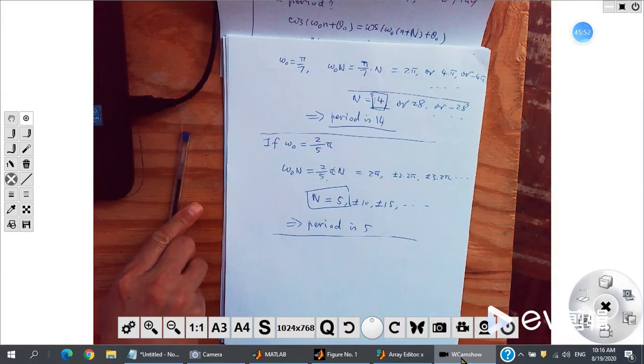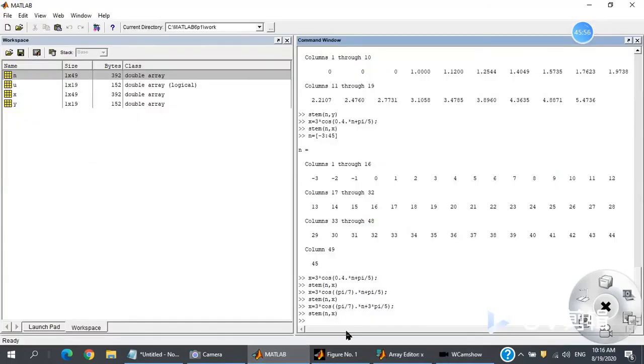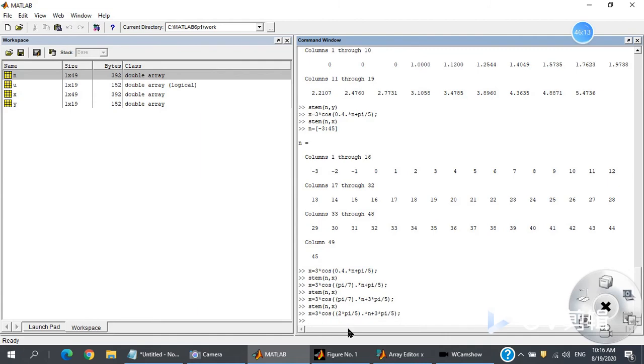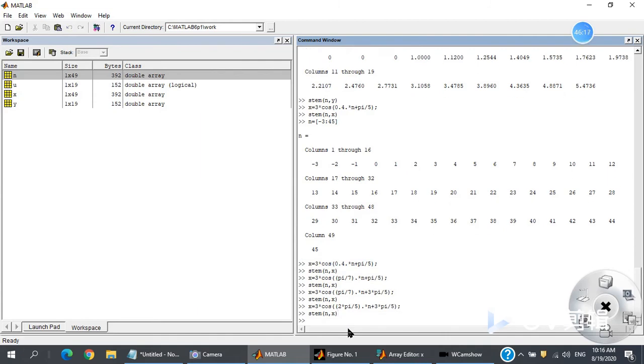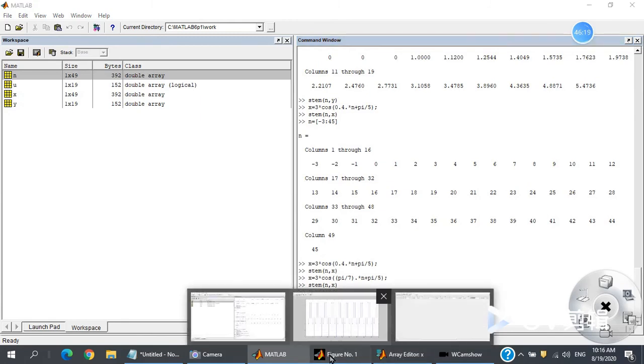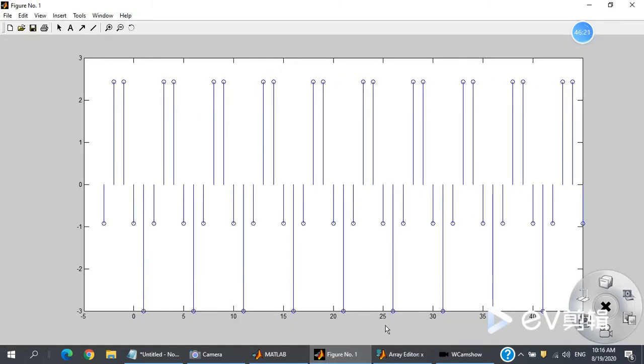Got it? Yeah, we can also have a look in MATLAB. If now x has frequency, we still call it frequency, 2 pi over 5. Then how does it look?